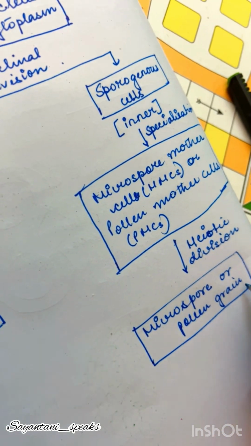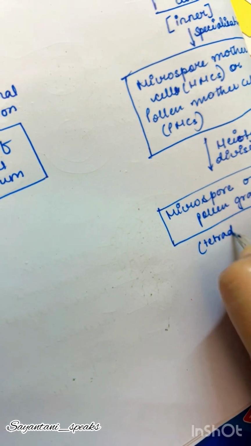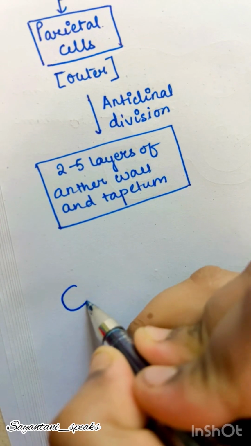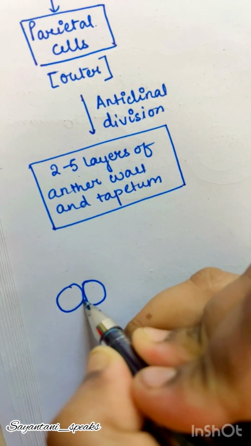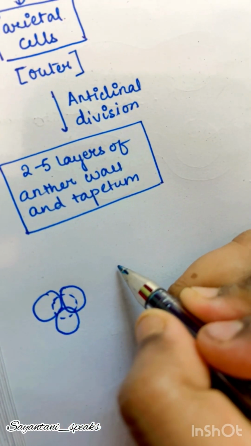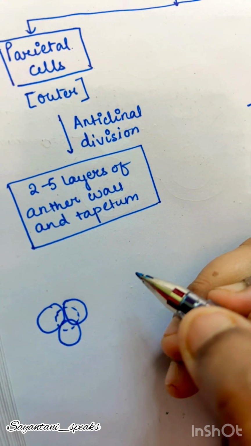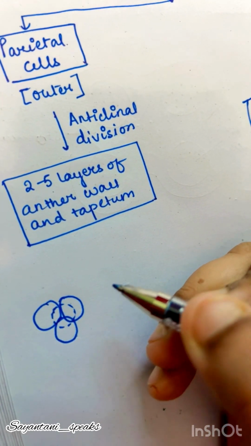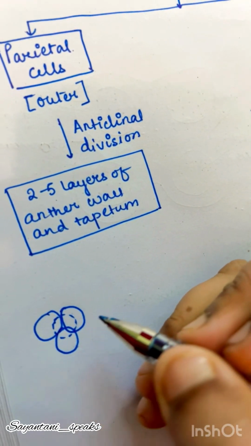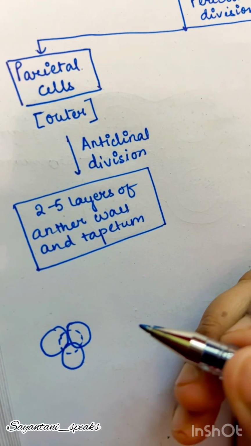A tetrad means they form a tetrahedral structure. Tetrad means the four of them undergo karyokinesis, but the final cytokinesis doesn't occur in telophase 2. So they are still in the telophase 2 stage, and are not completely separated from each other.